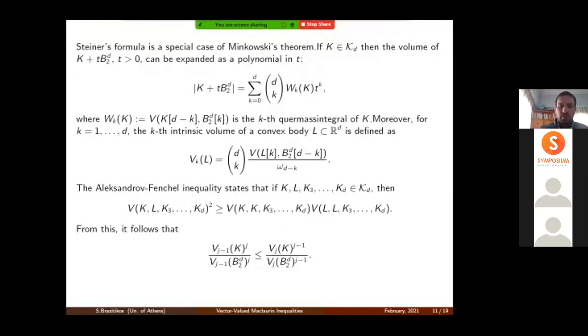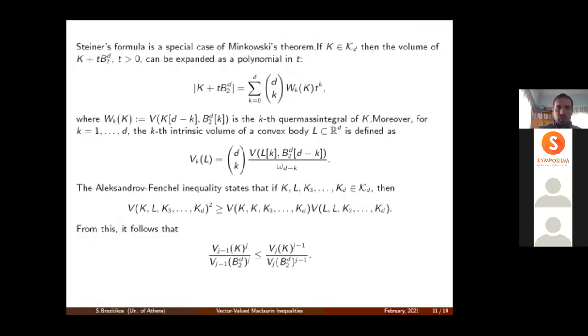For example, the simplest case is when j equals d, then it contains the classical isoperimetric inequality because the (j minus 1)-th intrinsic volume has to do with the surface area.